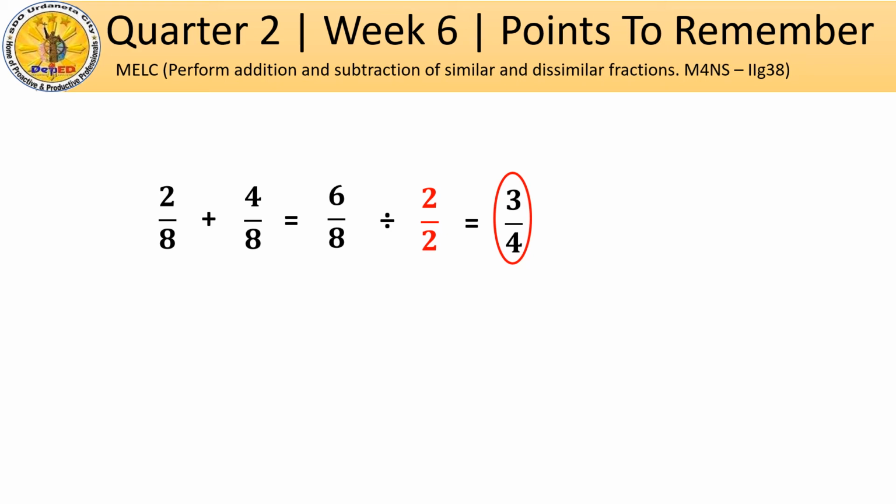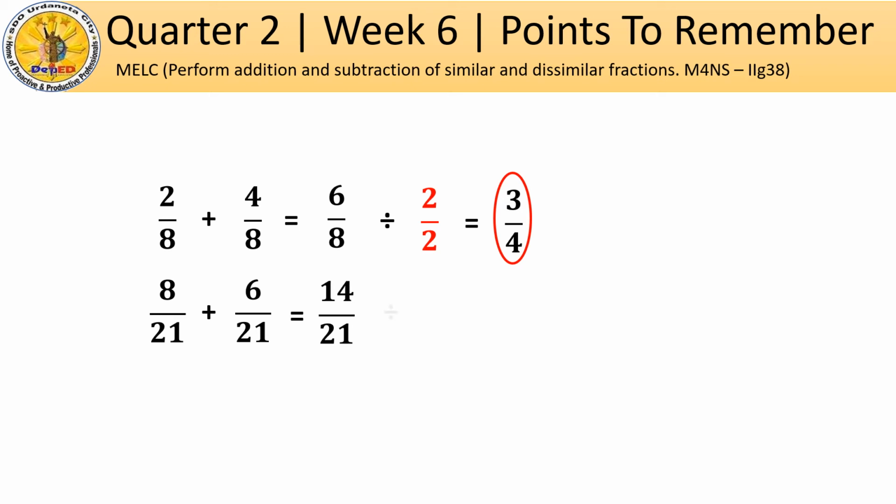Another example is 8 over 21 plus 6 over 21. Simply add the numerators, 8 plus 6, then copy the denominator. So the answer is 14 over 21. 14 over 21 is not yet the final answer because we need to reduce it to lowest terms.